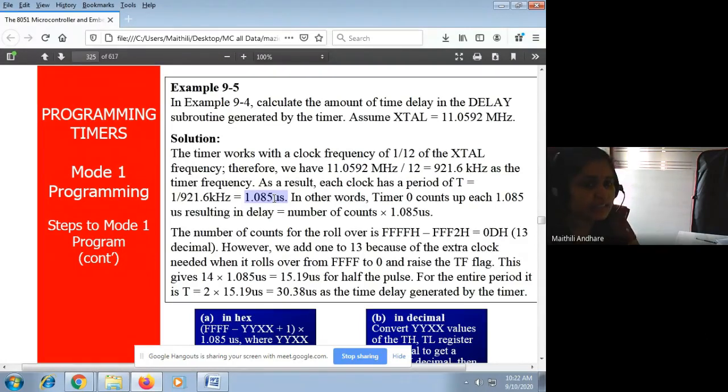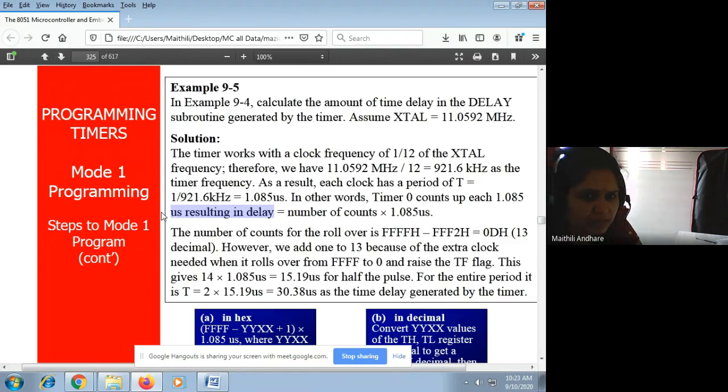Now just listen carefully. If I know the period of one pulse, one clock, then the number of counts you have multiplied by this will be the delay generation.